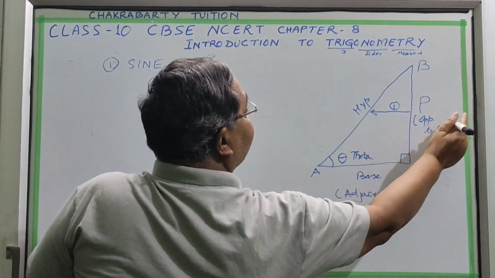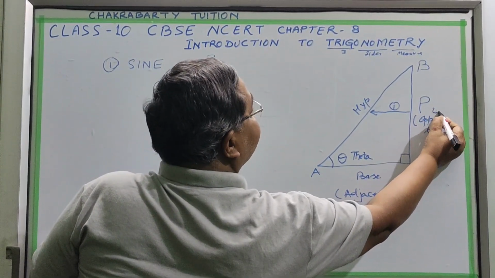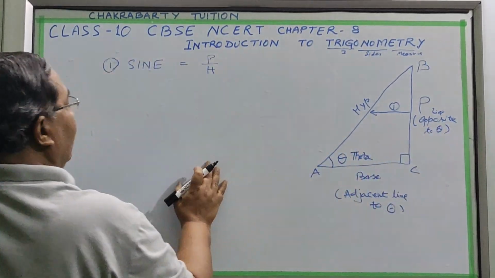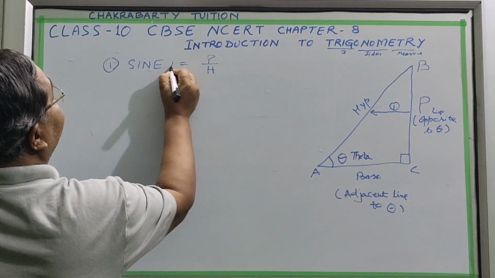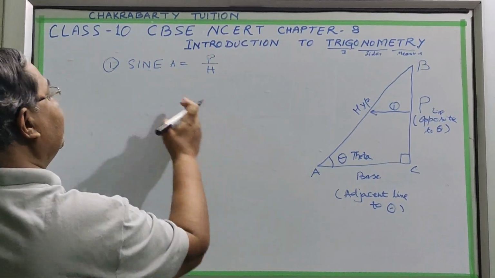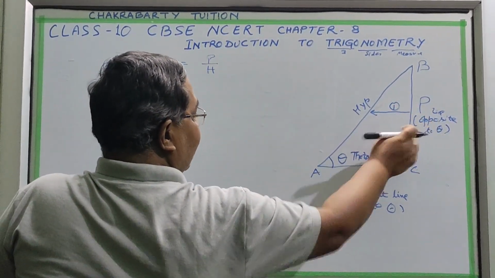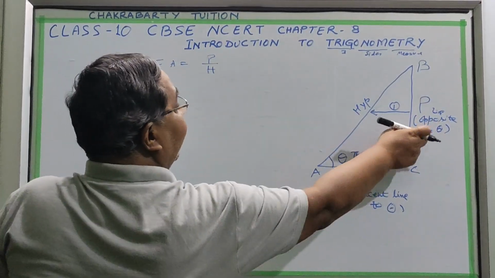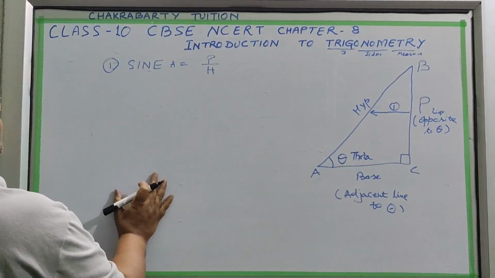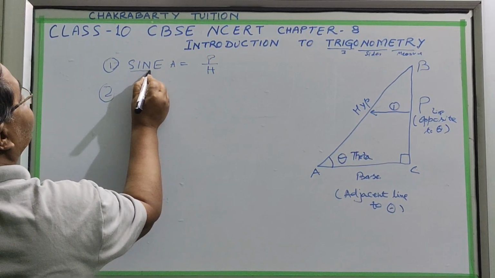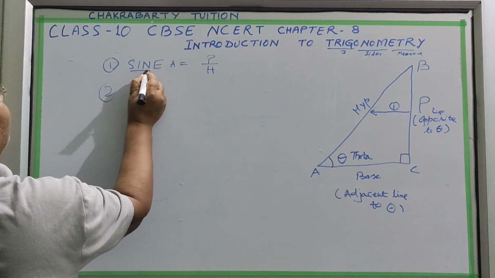If we write sine A, it means the same: sine A means the perpendicular, the line opposite to A, upon hypotenuse. This is known as sine. In short, we will call it sine.